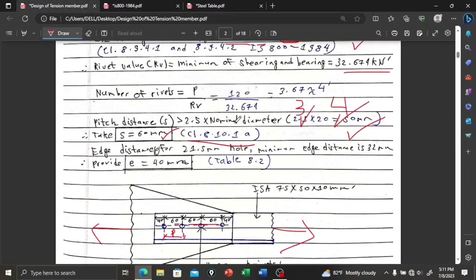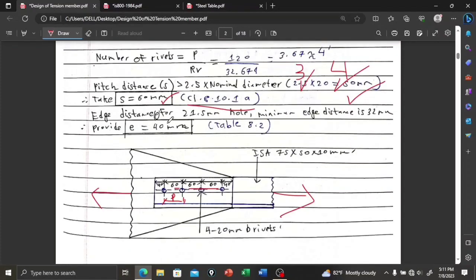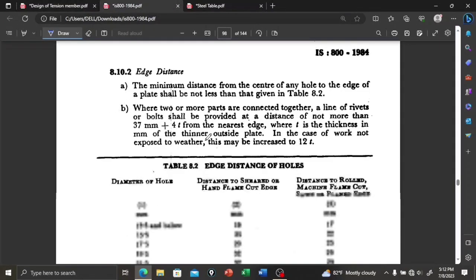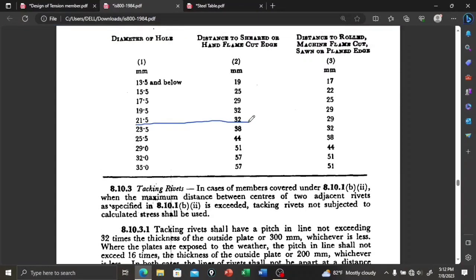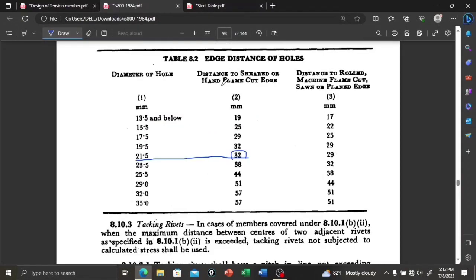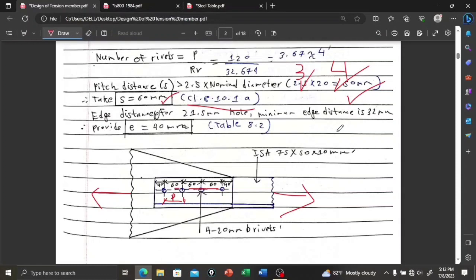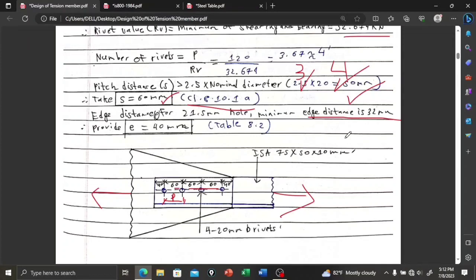So 2.5 times 20, and S distance for a 21.5 mm hole. For a 21.5 mm hole, S distance we can take 32, if it is hand flame cut edge, 32. So we can take slightly greater than 32, that is 40.